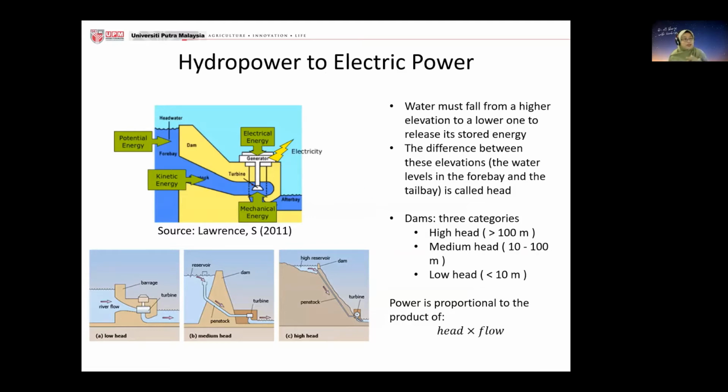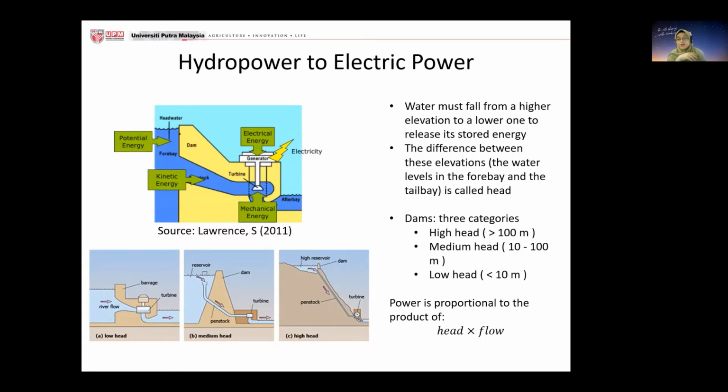But before we go further into that, I'm just going to talk to you about the different categories of hydropower. As we all know, water must fall from a higher elevation to a lower one to release stored energy. And the difference between these elevations, the water levels in the forebay and the tailbay, is called head.